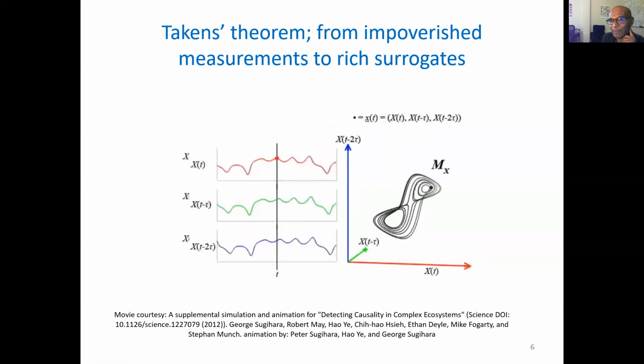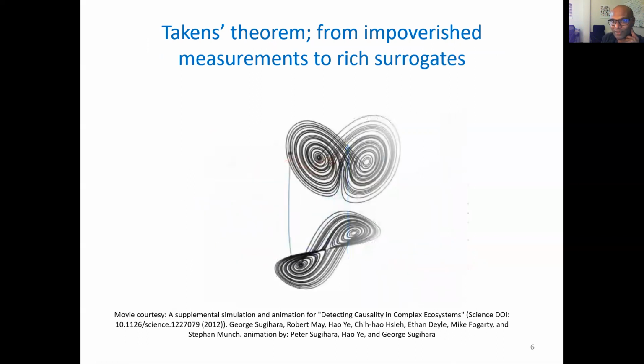When you tap into one of the dimensions of the observation, and you adopt a process known as time delay embeddings, which is due to a very famous theorem due to Floris Takens back in the 80s, he proved a very nice theorem that said, under certain assumptions of the generative process being smooth and reversible, and all the variables being entangled with each other, then when you make these observations of the dynamic system through individual dimensions, you can recover a rough topologically equivalent representation of the dynamical state space through a process called time delay embeddings.